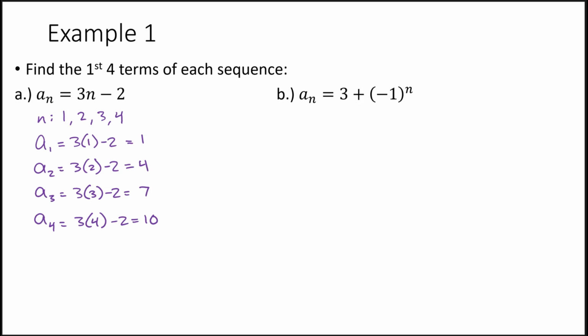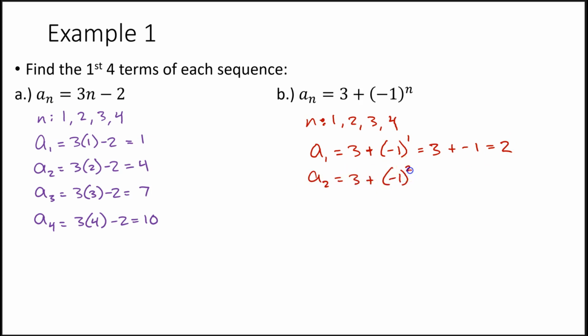Now I can go ahead and do the same thing on this one, again for n equal to 1, 2, 3, and 4. So a sub 1 would be 3 plus negative 1 to the first power. Well, that would be the same as 3 plus negative 1, so that would be 2. A sub 2, I would have 3 plus negative 1 squared. That would be 3 plus 1, or 4.